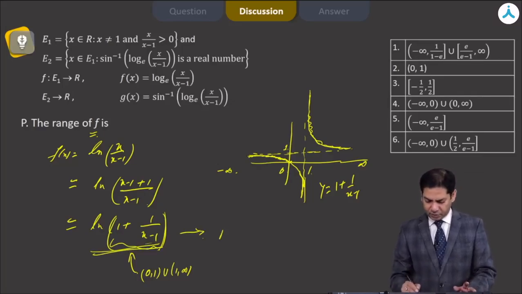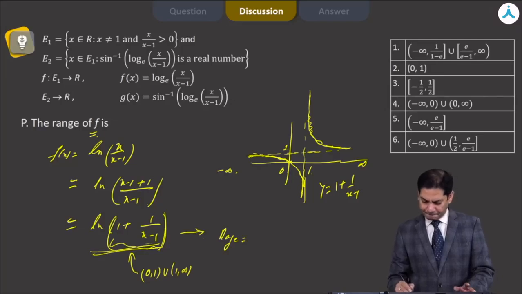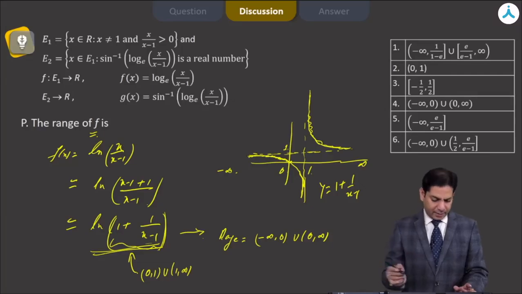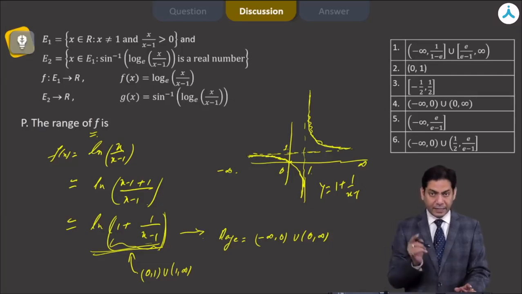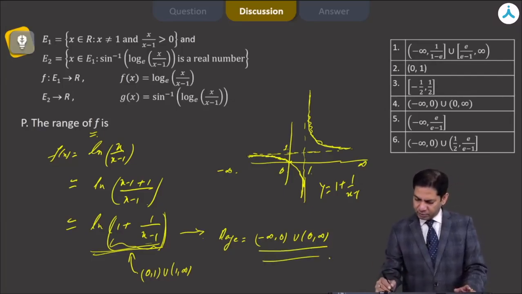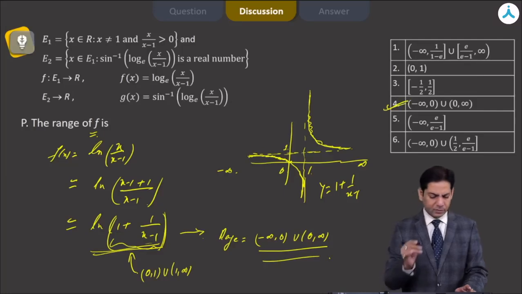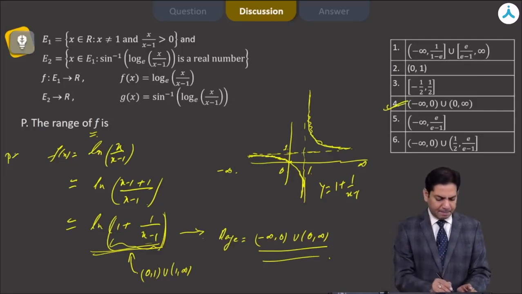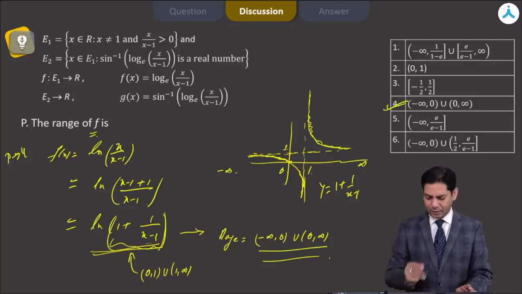So the range will be from minus infinity to 0 union 0 to infinity. And here the range of f is not asked as a subset, it is, just like the previous entry, a direct match. So this must be matching perfectly to 4. So entry P matches to 4. Let's again check the options.